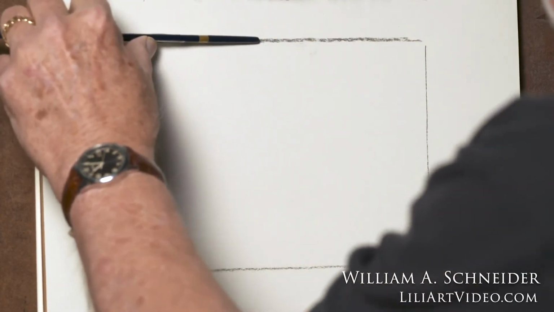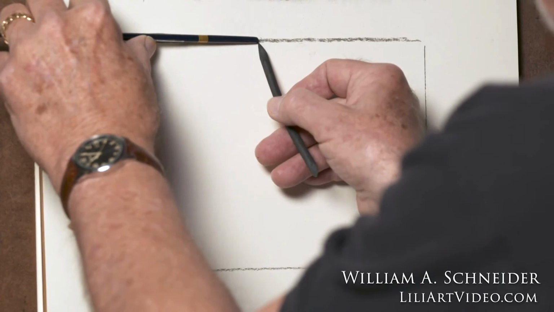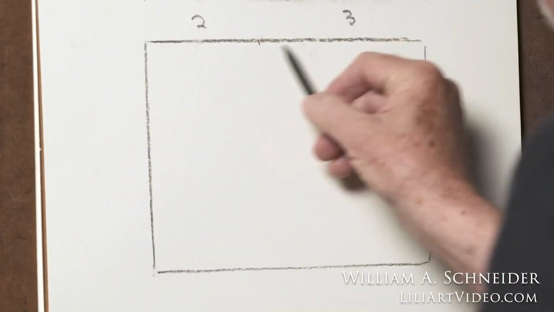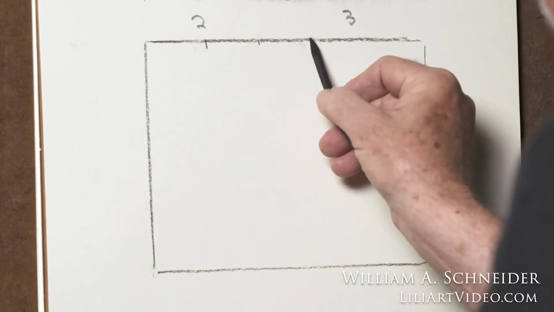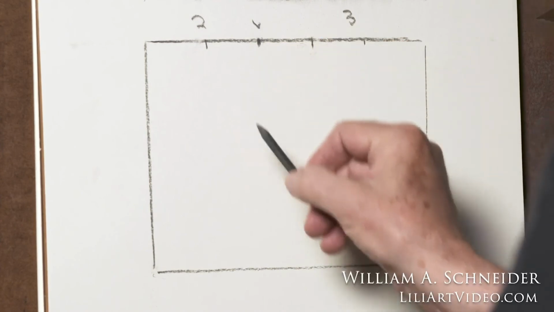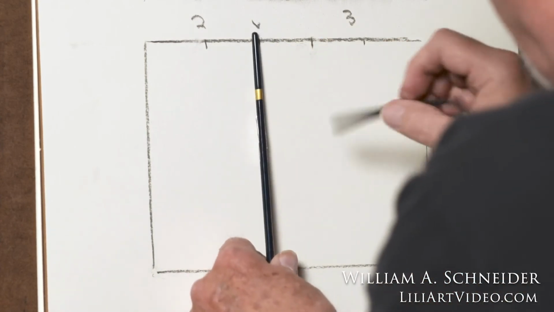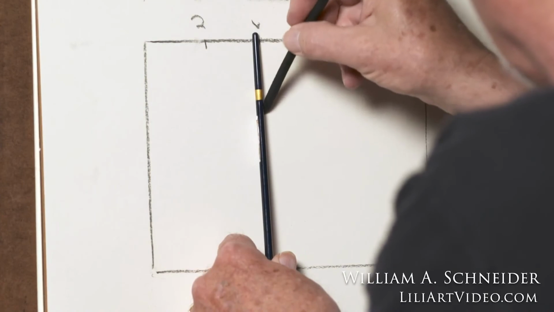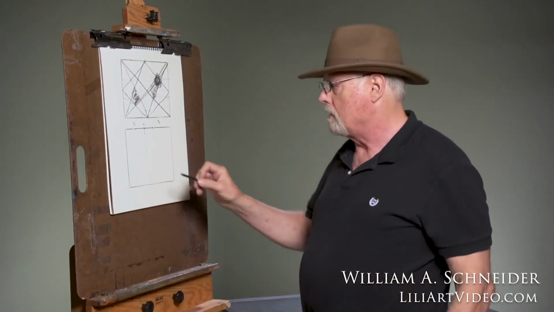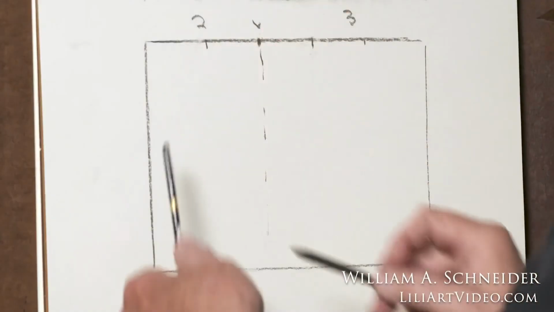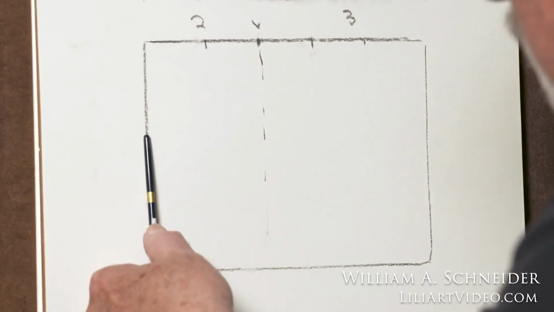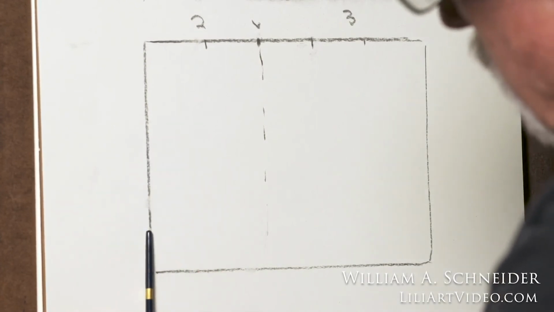Okay, so this point is 2 from the left and 3 from the right. Right there. So I could put a center of interest on that line someplace. And I could also divide that vertically, 2 from the top, to be a little bit shorter.